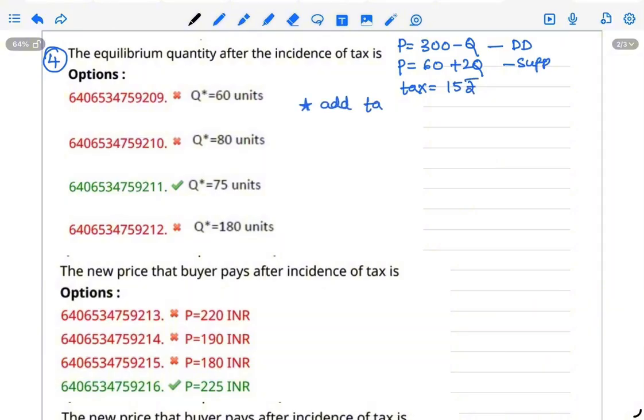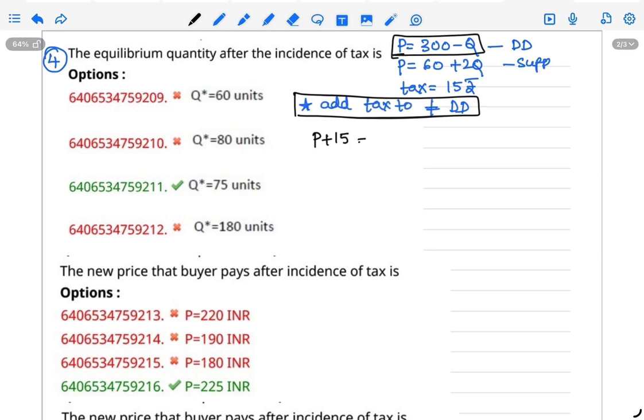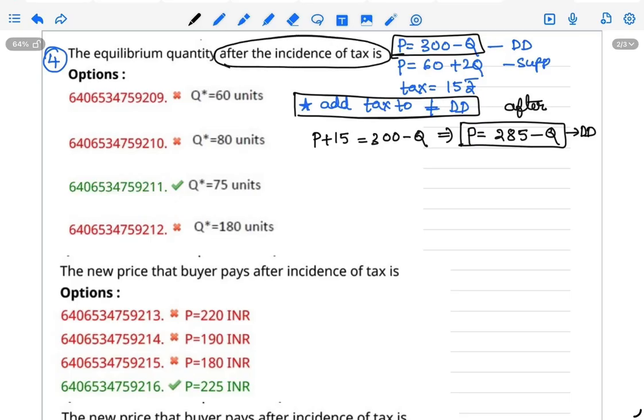Add the tax to the demand function: demand function plus 15 equals 300 minus Q, so P equals 285 minus Q. This is the demand function after the incidence of the tax.